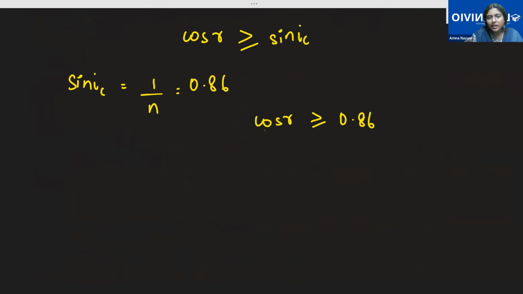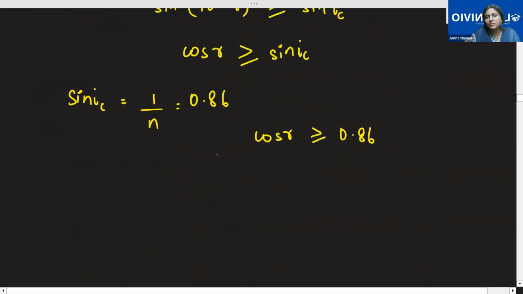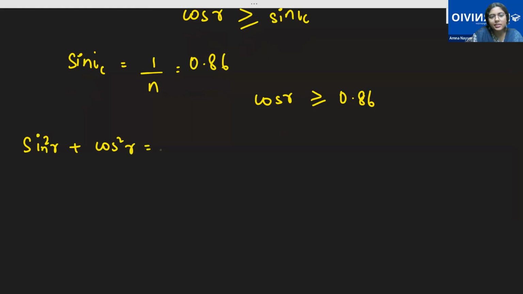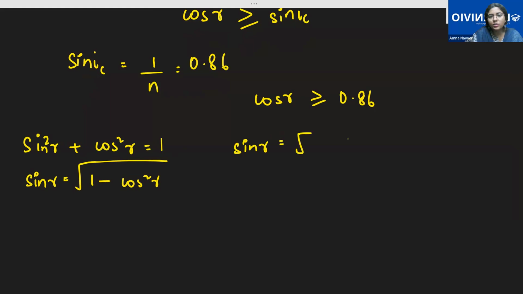See, getting cos R using this sin(90 minus theta) identity. Then after this, we use sin square R plus cos square R is equal to 1. So from here, sin R will be equal to under root 1 minus cos square R. So I can say sin R is equal to under root 1 minus 0.86 whole square.